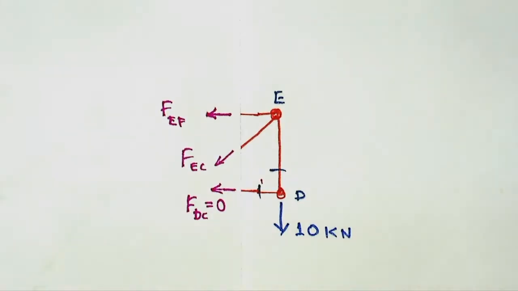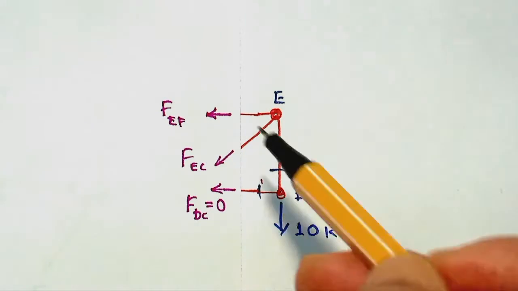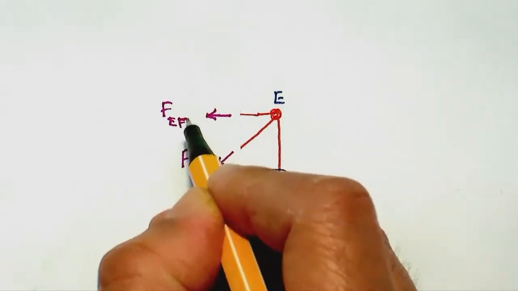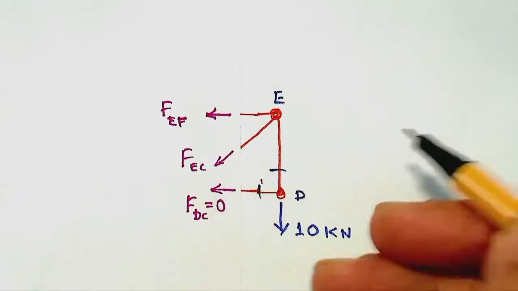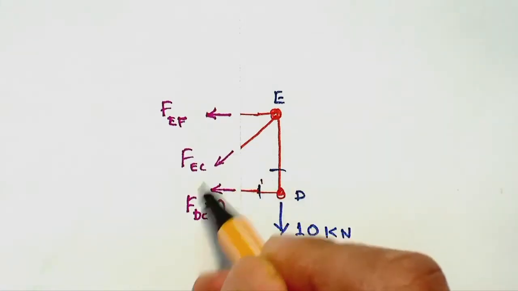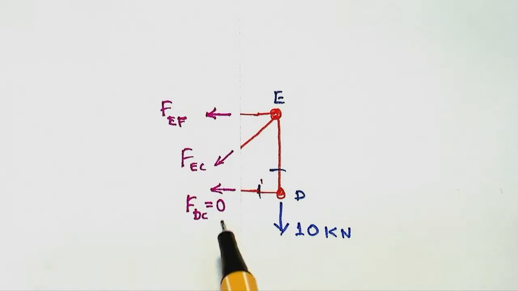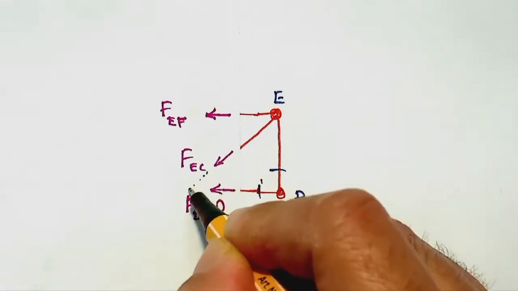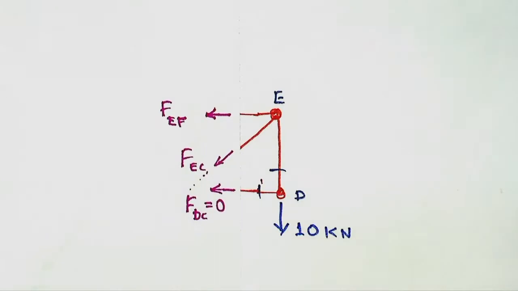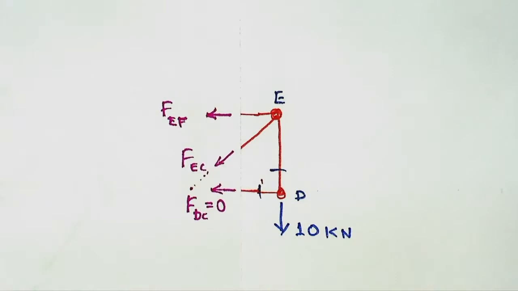So it's quite easy now for me to find out what the force E to F or E to C would be. How do I do that? Of course, I take moment about a point about which I can get rid of one of those forces, either EF or EC, and that is useful. So, for example, if I extend that, there is my point C somewhere here.